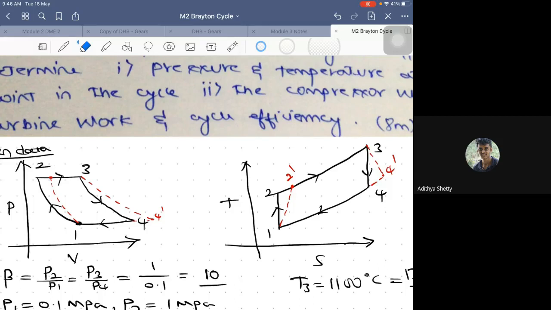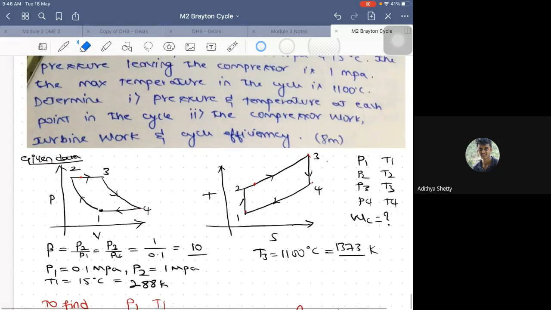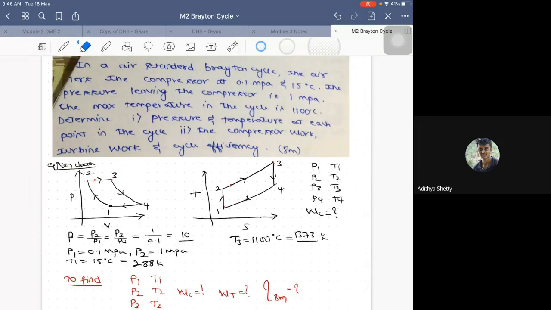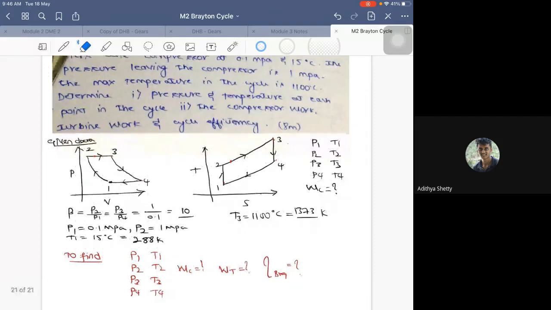It is just a plain simple Brayton cycle, so you can eliminate all this. There is no mention of efficiencies of the compressor or turbine. It is just T1, T2, T3, T4 and P1, P2, P3, P4. That's it. Let us try to find all the pressures and temperatures of all the points.